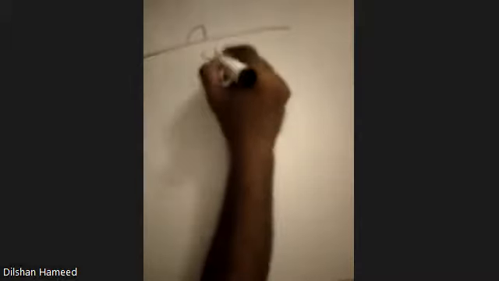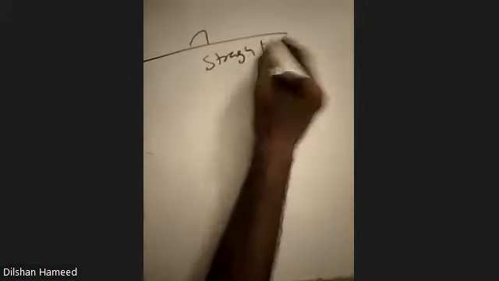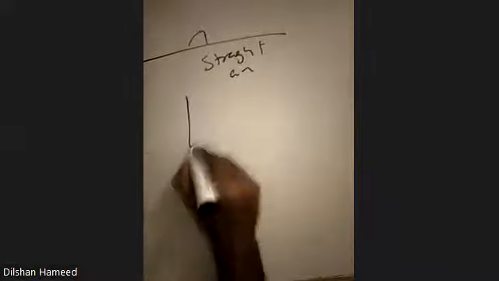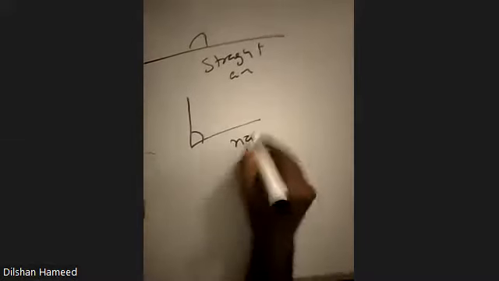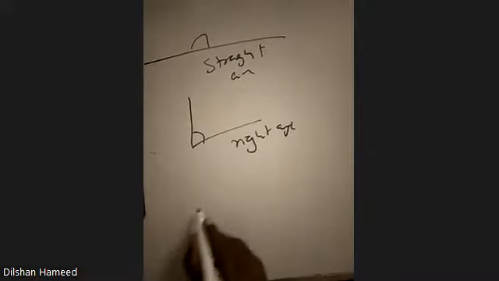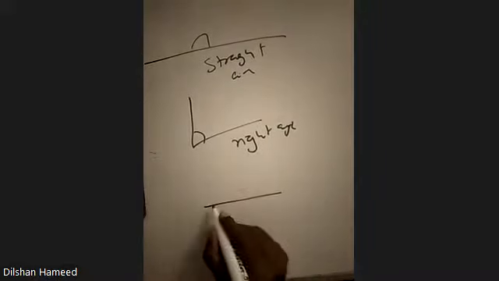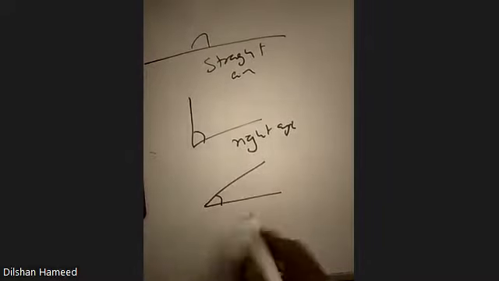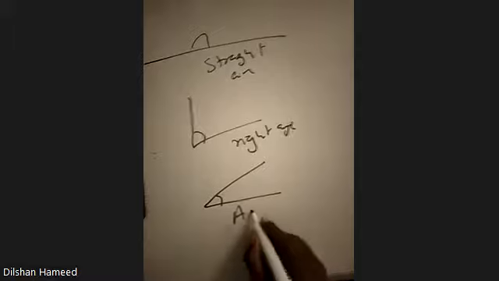When a line is straight, you call it straight angle. When it is 90-degree, you call it right angle. And something which is less than 90 degrees, you call it acute angle.